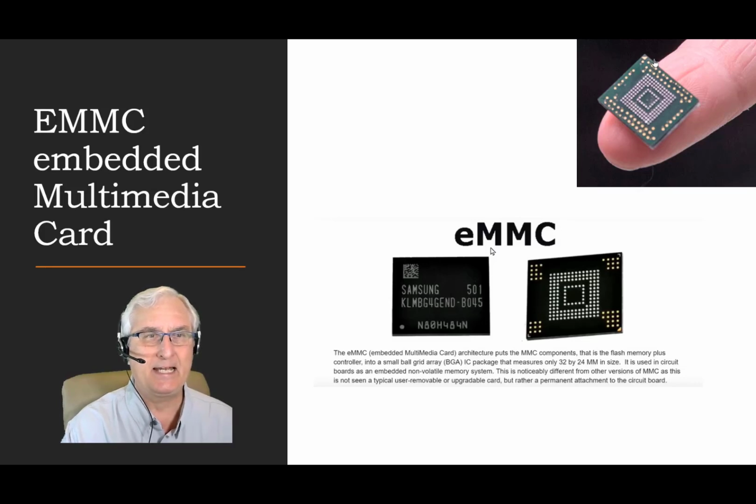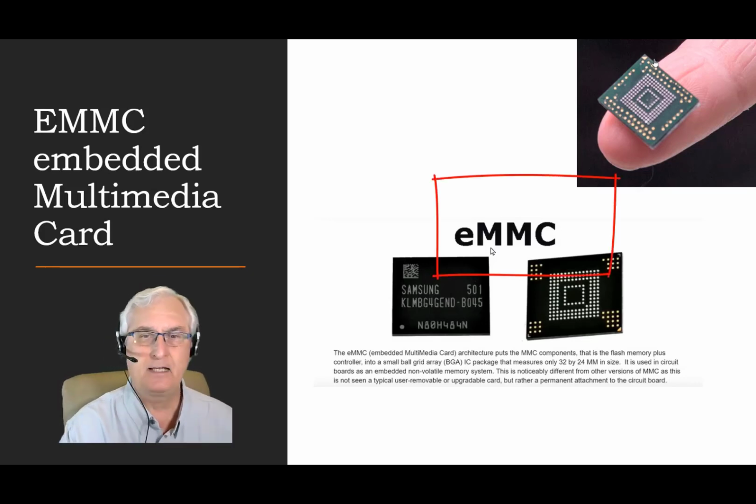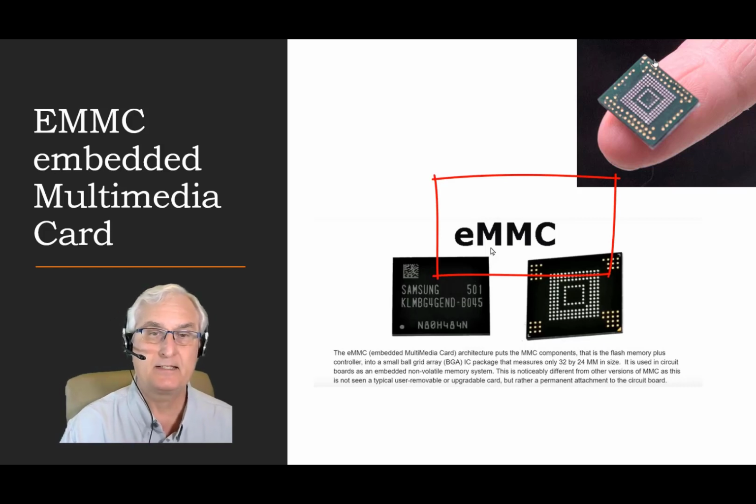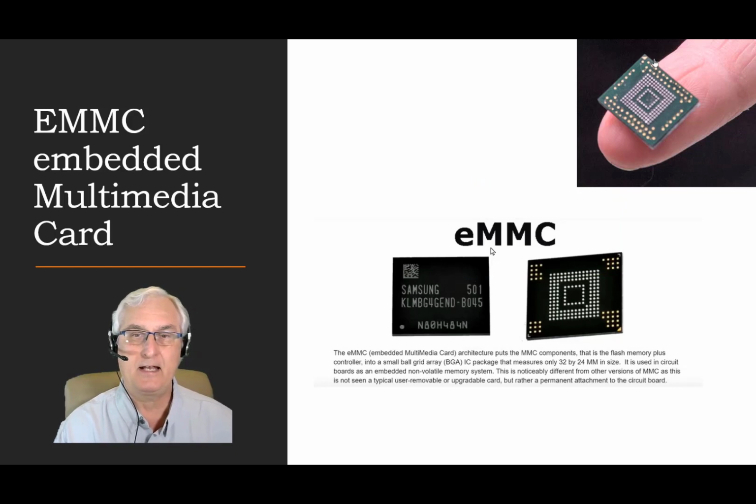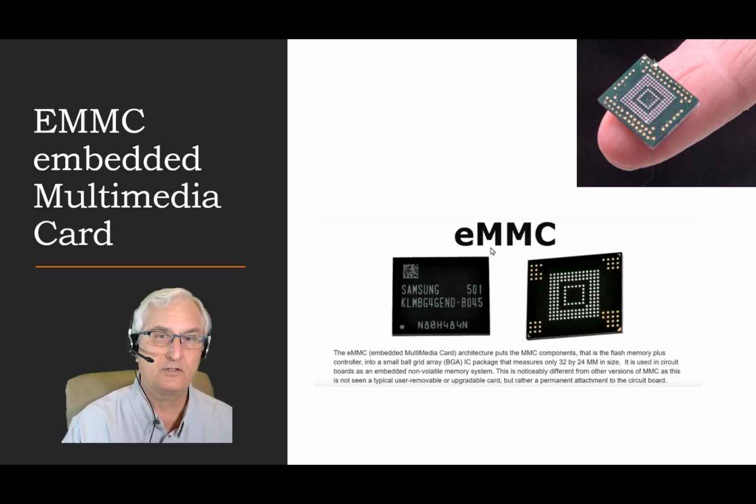eMMC, Embedded Multimedia Card. The eMMC is an embedded multimedia card. Now this is a flash memory plus a controller. And this is all put on this little chip and packaged down into about 32 by 24 millimeters in size.